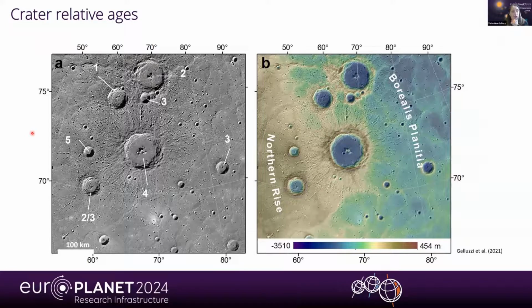For example, we can classify craters judging their morphology. We can say that this crater is younger than this crater, because this crater is subdued by the ejecta of this crater.